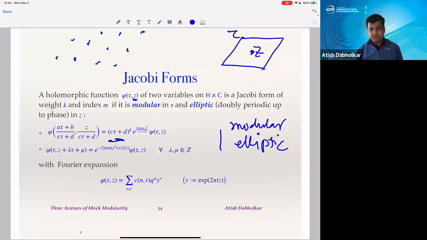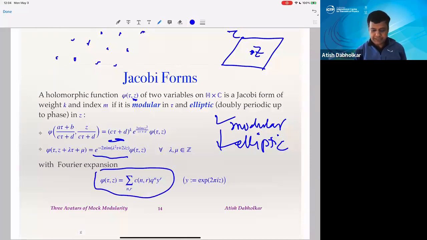But of course, it's not possible to have a doubly periodic function which is holomorphic. There are theorems like that. So the best you can do is that it is doubly periodic up to a phase. It's some kind of a section of some bundle. With these properties, you define a Jacobi form. So it's basically modular and elliptic. It has this double symmetry: it's symmetric under double translations on a complex plane, and it is modular. And therefore, its Fourier expansion is given in terms of these two coefficients.